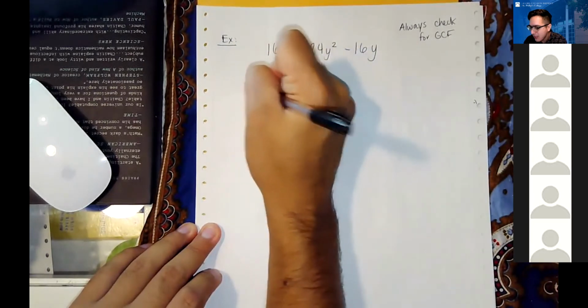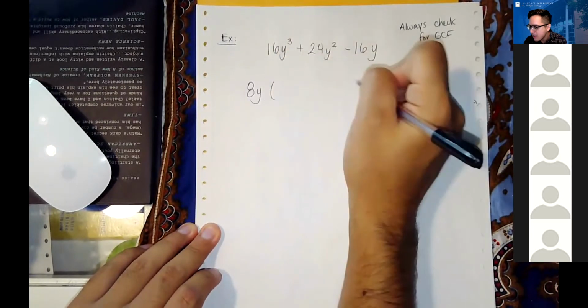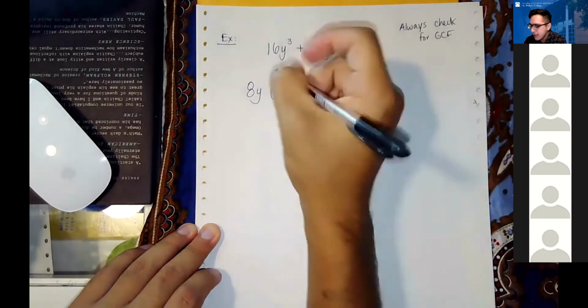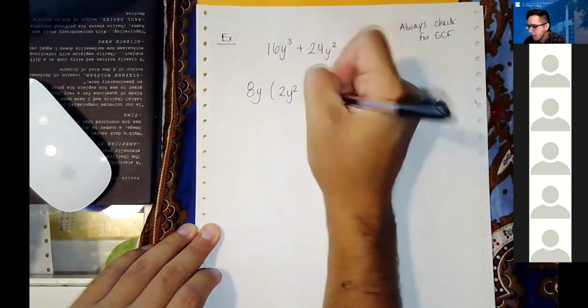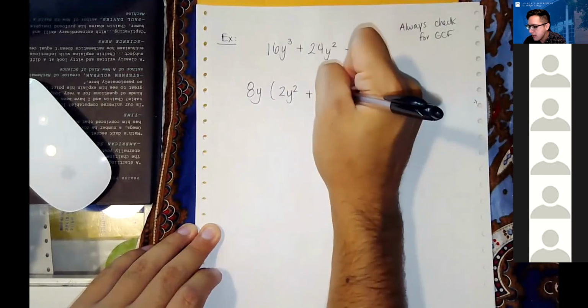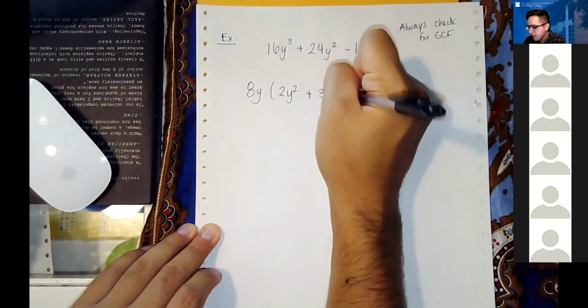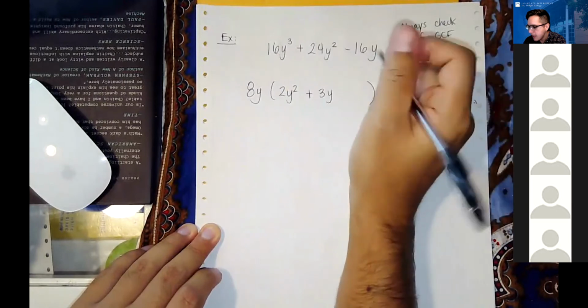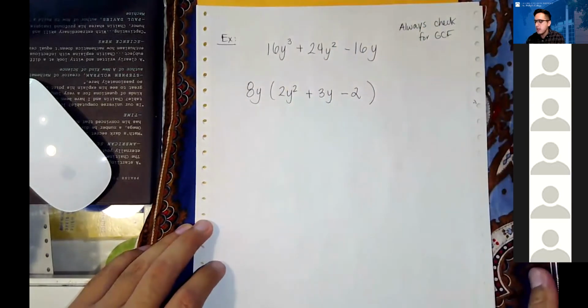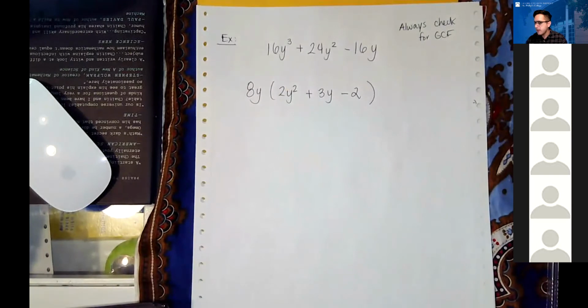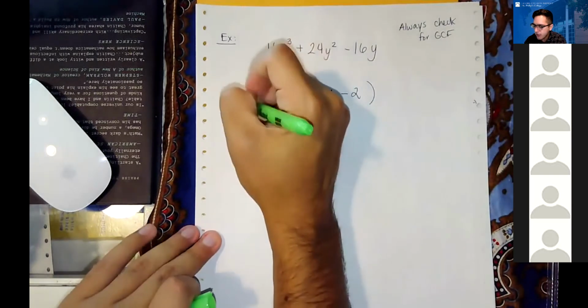So we could say that we have 8y times a set of three terms: 2y squared plus 3y minus 2. Okay, so we factor out the GCF first.